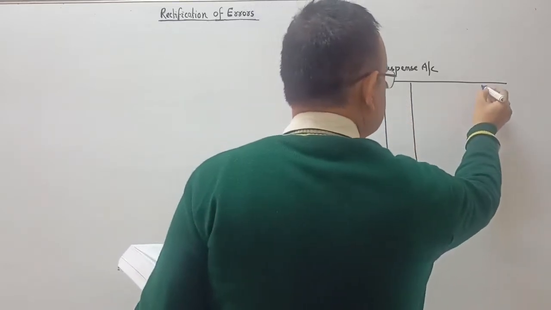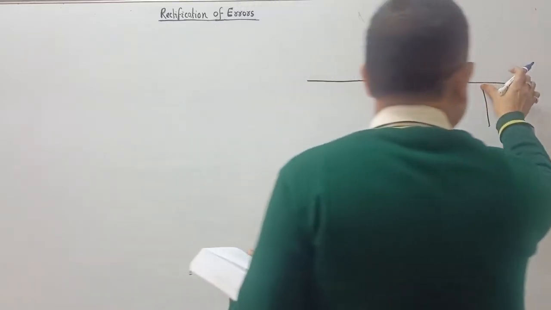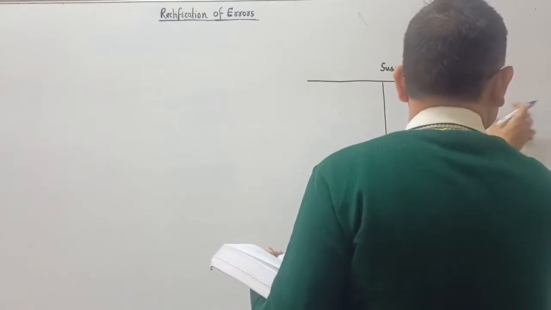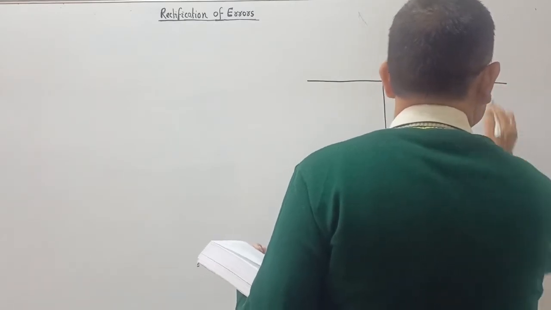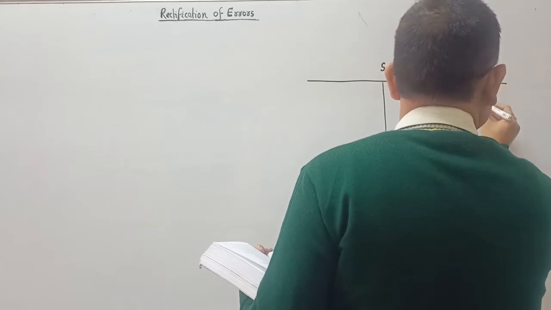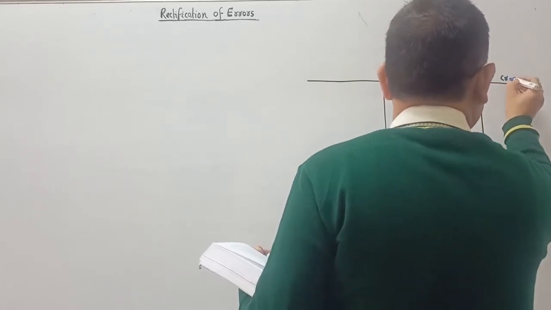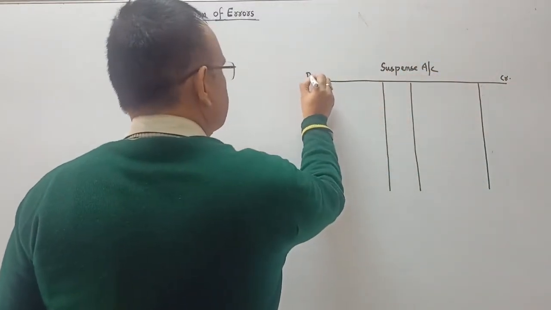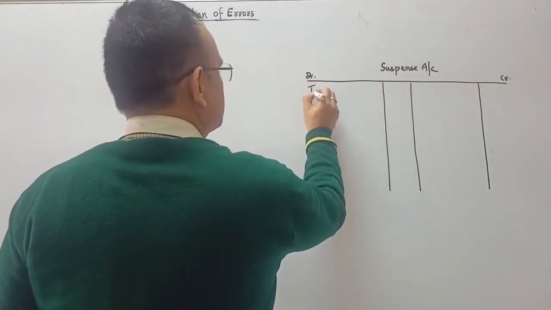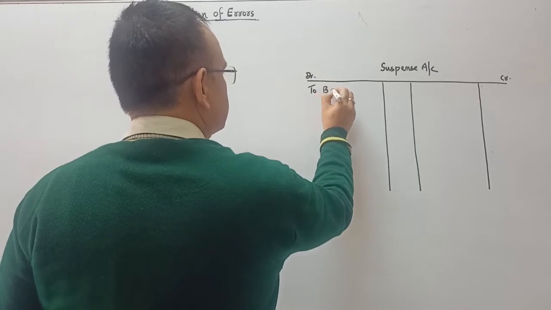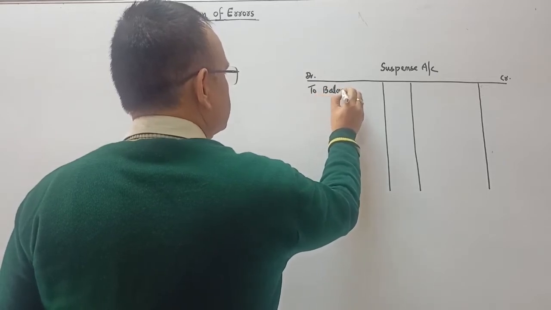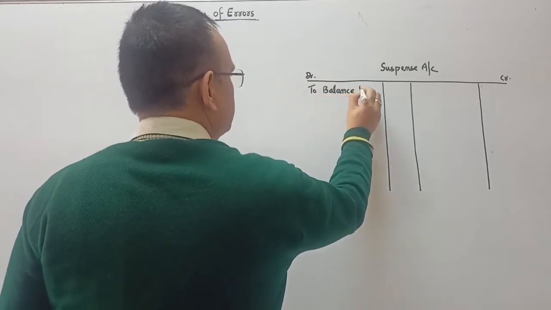Okay, means debit side is more and credit side is less in the trial balance. So suspense account has a debit balance. So to balance, brought down.